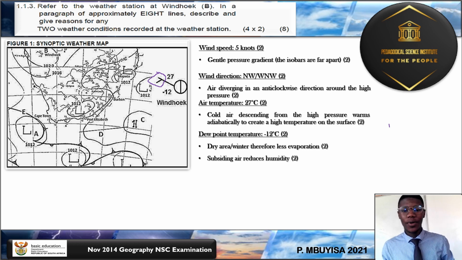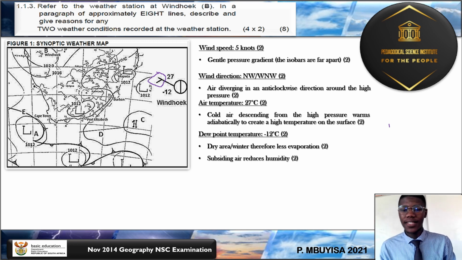Next one, air temperature is 27 degrees Celsius. Always put in your symbol, otherwise they will mark it wrong in the exam center. Cold, what's the reason? Cold air descending from the high pressure cell warms up adiabatically. What does that mean? It means that for every 100 meters the air goes down or sinks, it increases by 1 degree Celsius or centigrade.